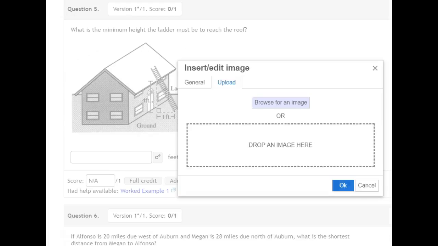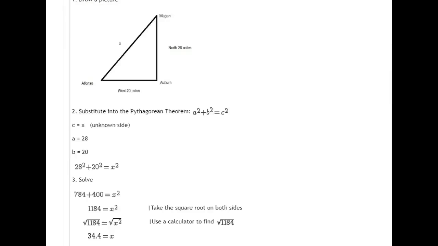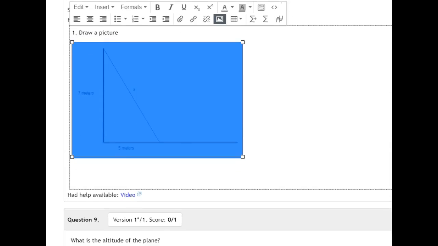So I'm just going to select the image that I saved, so that I can upload it. And I don't want it to be super big, so I'll probably change the dimensions to a smaller size. Click OK, and it will insert the image into the problem.